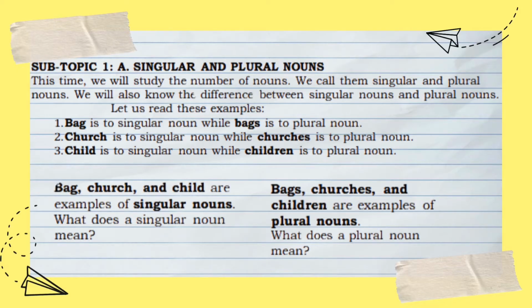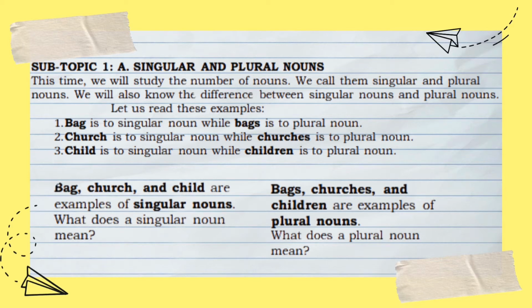Okay, so let's read these examples. Bag is a singular noun while bags is a plural noun. Church is a singular noun while churches is a plural noun. Child is a singular noun while children is a plural noun. Now bag, church, and child are examples of singular nouns. So what does a singular noun mean?